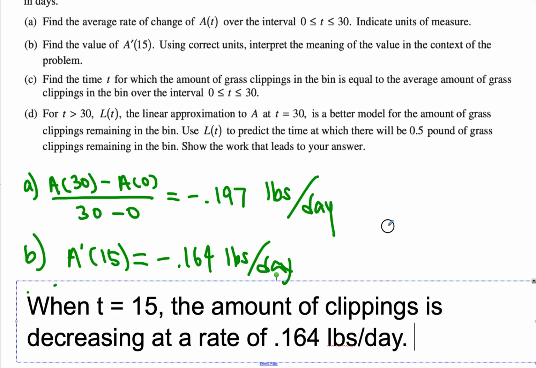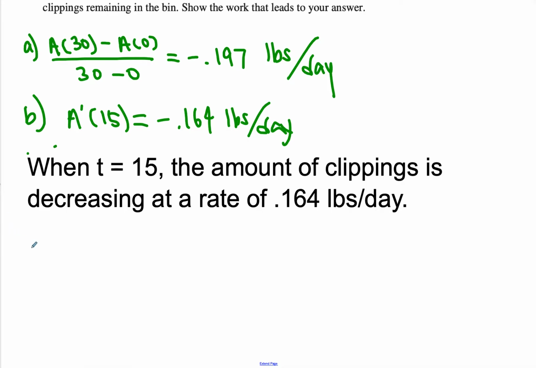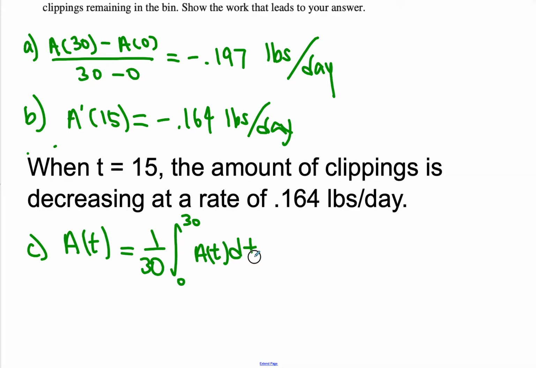Find the time t for which the amount of grass clippings in the bin is equal to the average amount. So in this case, we're looking at A of t equal to the average value, because the average value is the integral from 0 to 30 of A of t dt.